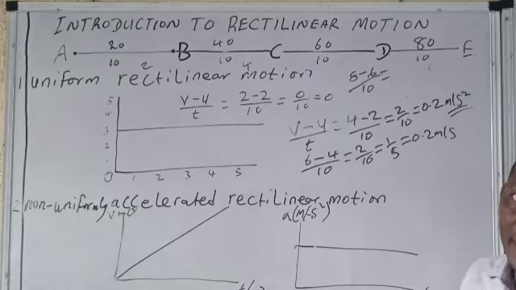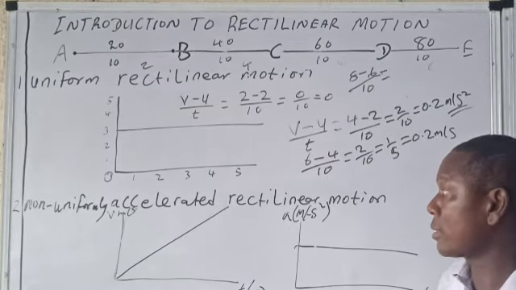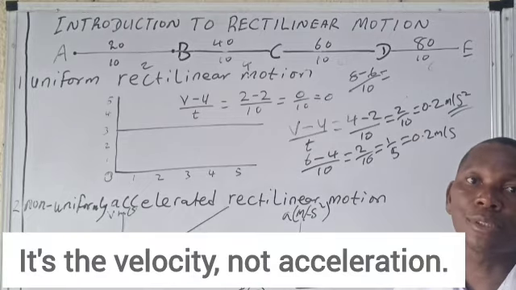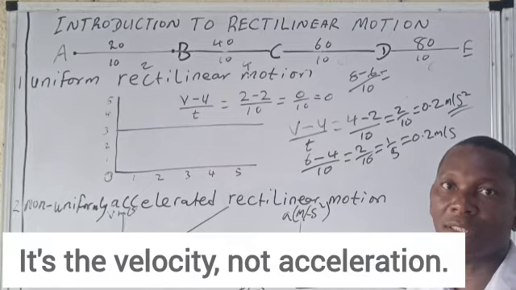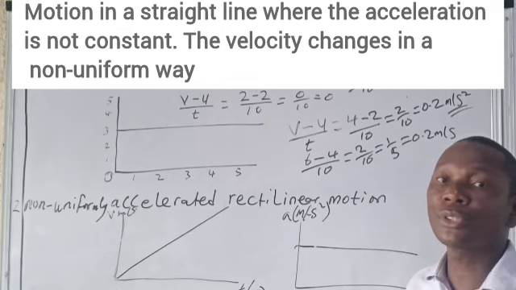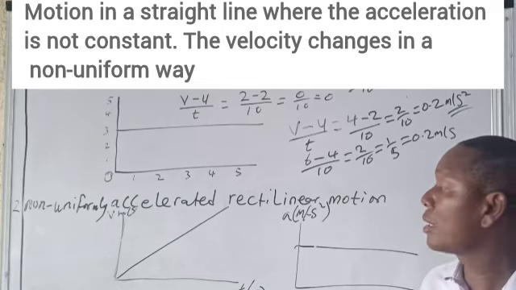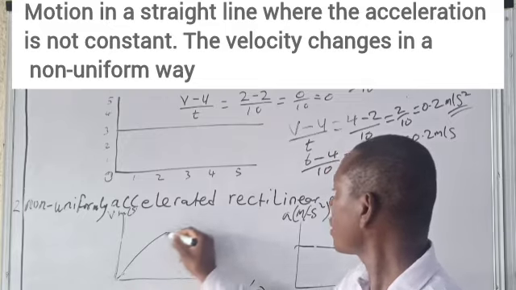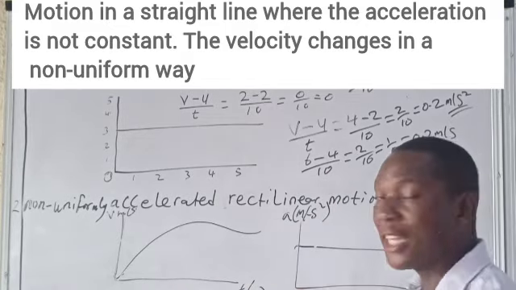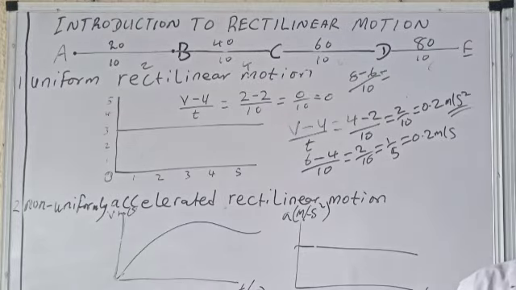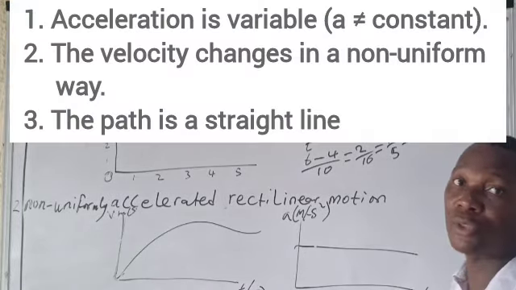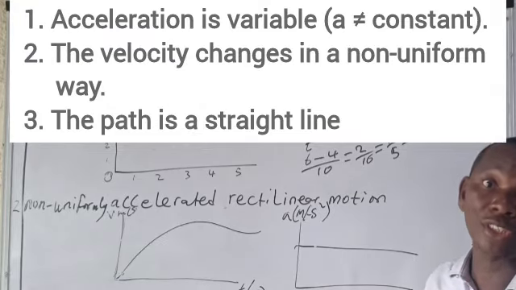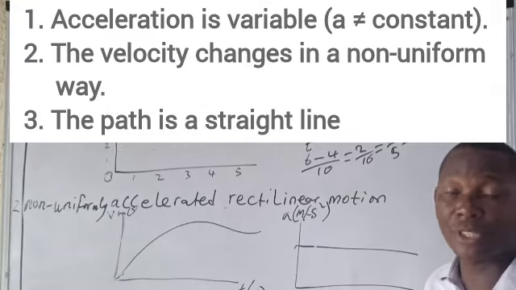Now this one is quite easy to understand in the sense that in this case, the acceleration is not changing at a regular interval. This is the motion of an object in which the acceleration is not changing at a regular interval. All right. So we can have a graph that is like this, or taking any pattern, because the velocity is not changing at a regular interval. So the velocity actually varies. And in this case, another characteristic is that the acceleration or deceleration is changing too.